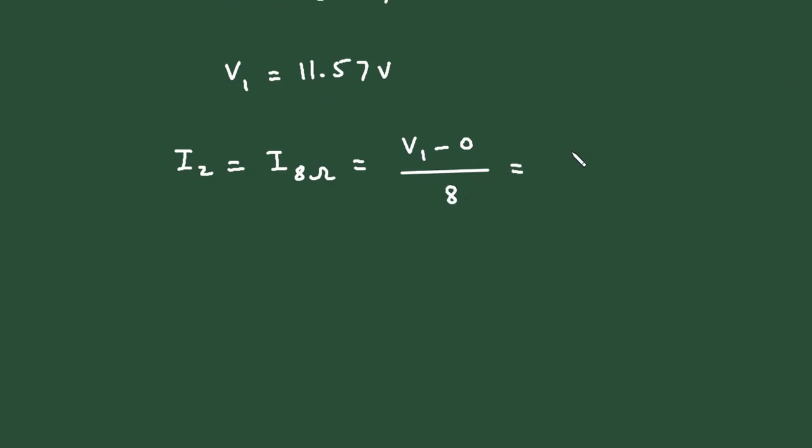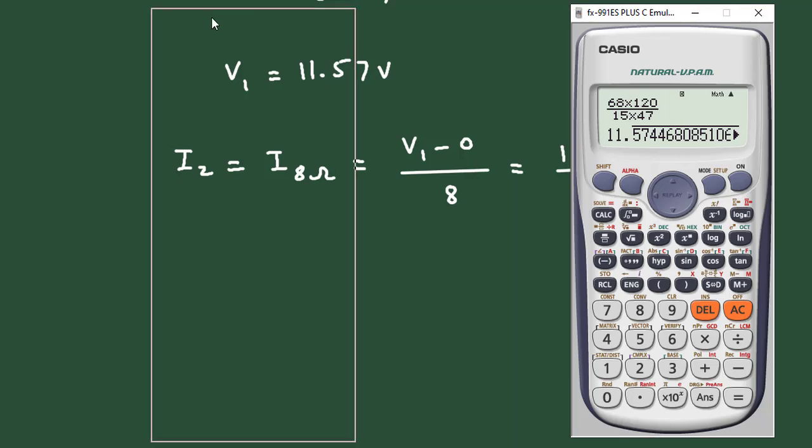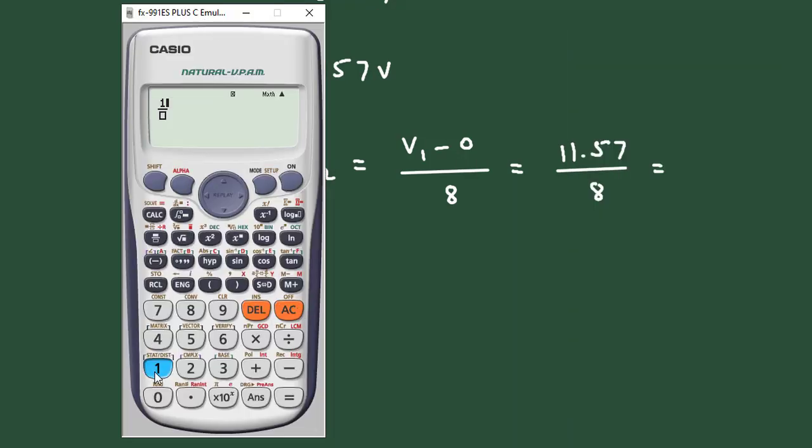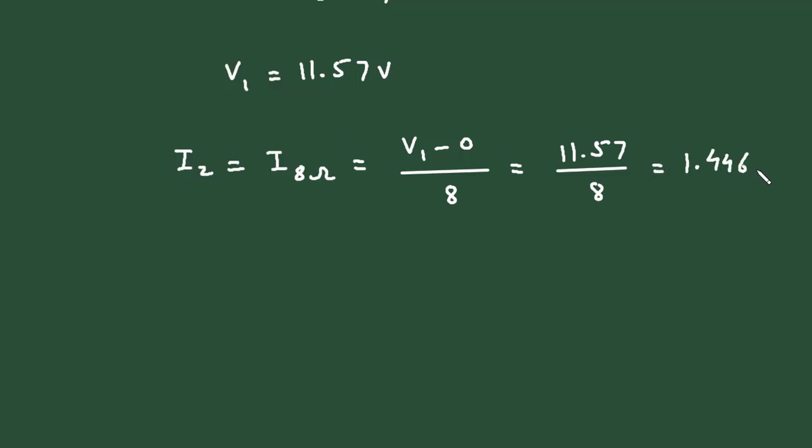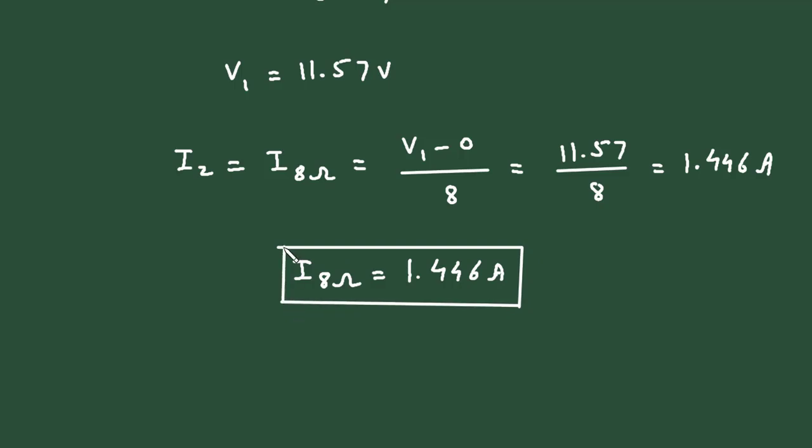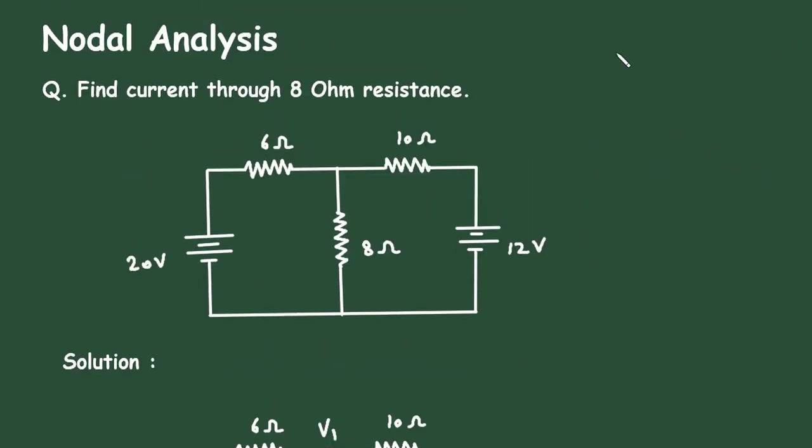The value of V1 is 11.57, so 11.57 divided by 8. So it is 1.446. Since it is current, its unit will be ampere. Therefore, I 8 ohm is equal to 1.446 ampere. So this is how we can find the value of current by using nodal analysis.